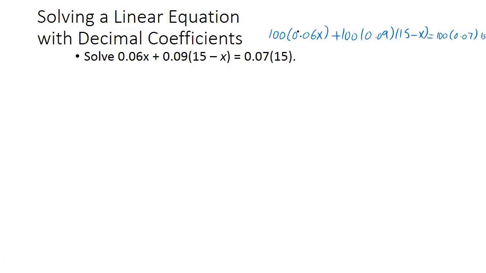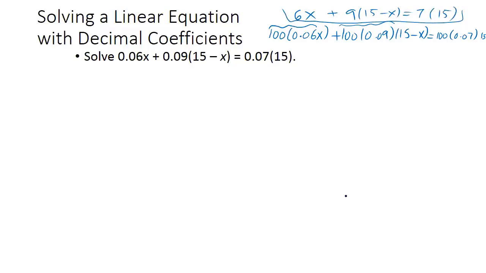So here, 100 times 0.06 is equal to what? Just 6, right? 6x. Here, just 9 times (15 minus x) equal to, now that would give me what? 7 times 15.